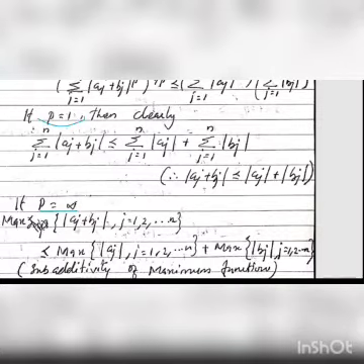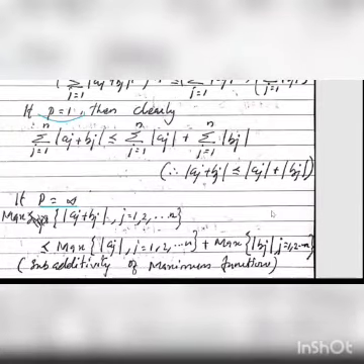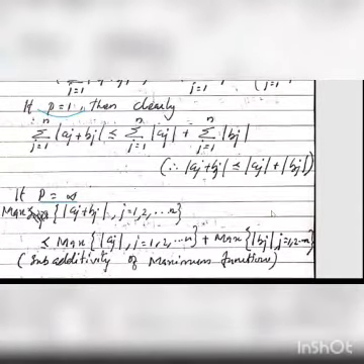The maximum of a_j plus b_j should always be less than or equal to the maximum of a_j plus the maximum of b_j. Thus we have proved the inequality for the cases p equal to 1 and p equal to infinity.